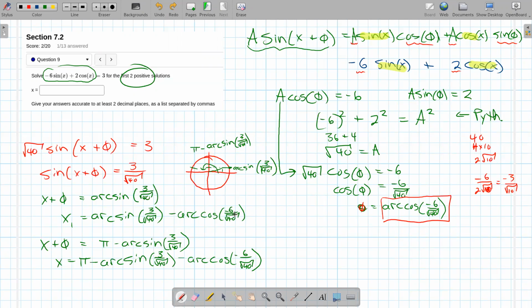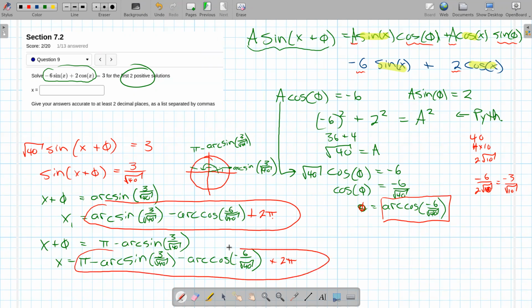I thought this x1 was my first solution, but that's in the negative area. So I need to add 2 pi to that. So there is one, that's the first positive solution there. And same thing here, that ended up being negative after all those subtractions. So I have to add 2 pi there too. So those are my first two solutions once I get them into the positive area.